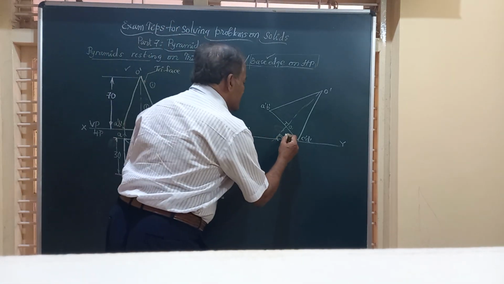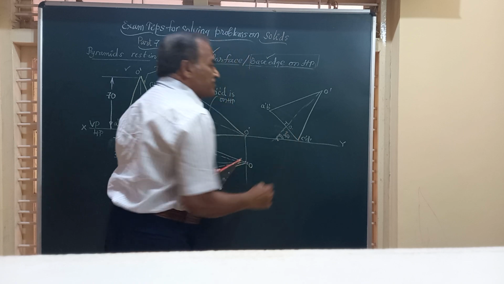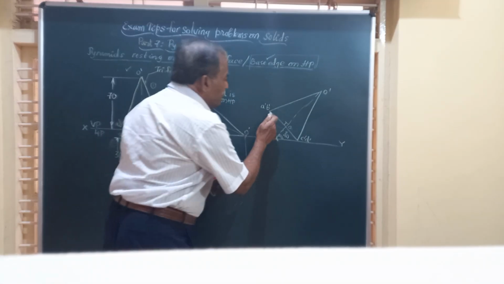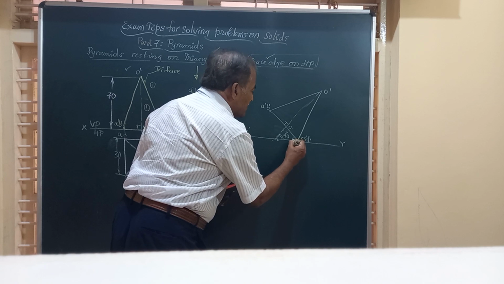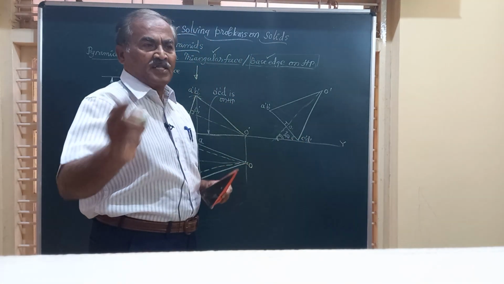Suppose say this is at an angle of 40 degrees to HP, or the base of the solid is making 50 degrees with HP. It means one and the same.